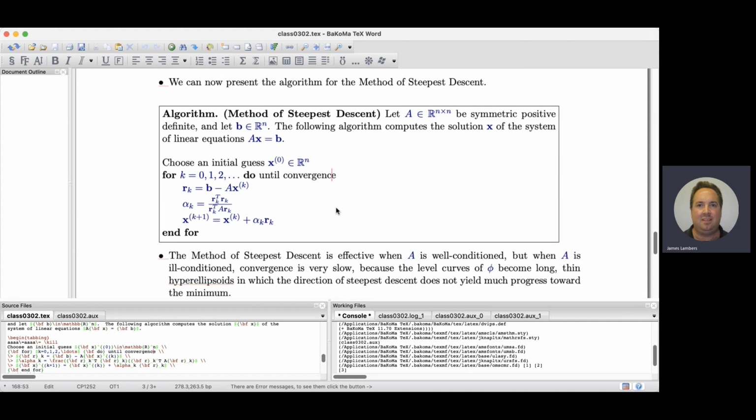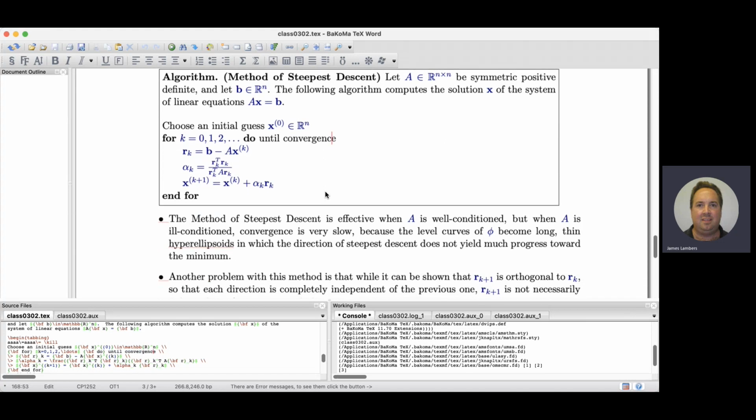So if you just take the direction of steepest descent that's given here, you would actually make very little progress towards the minimum. This method seems to make sense, and it technically does work. You're guaranteed to make at least some progress towards the solution with every iteration, but progress can be quite slow. It ends up taking very small steps. So in the ill-conditioned case, it's not very effective.